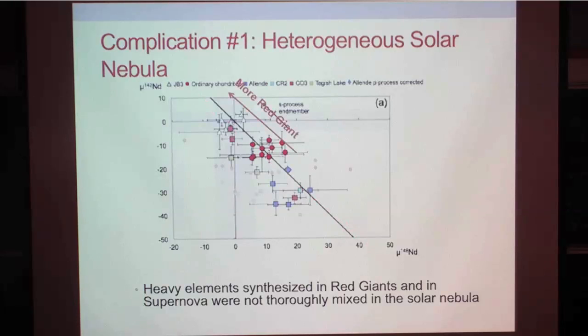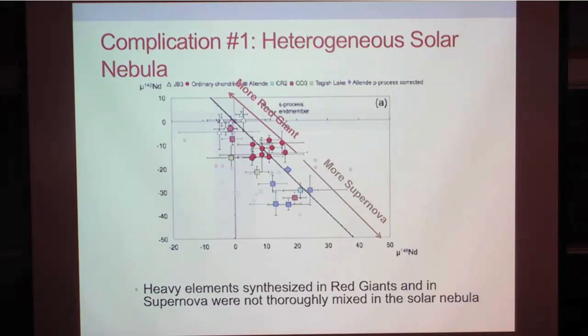And this can be explained by incomplete mixing of nucleosynthetic products from red giants and nucleosynthetic products from supernovae. The heavy elements are synthesized in red giants and in supernovae, in red giants by the so-called s-process, in supernovae by the so-called r-process.